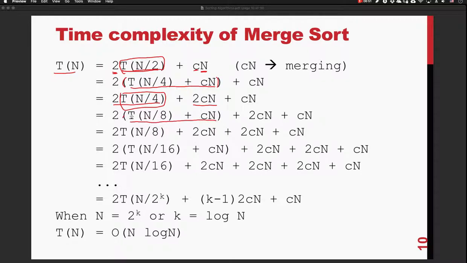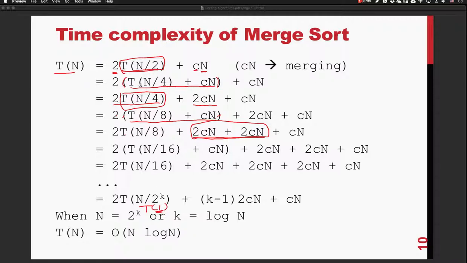Eliminating the parentheses, we get this form, with 2 times cn. Then what we need to figure out is how many 2cn terms will appear if we keep going down until we have T of 1, just one data.